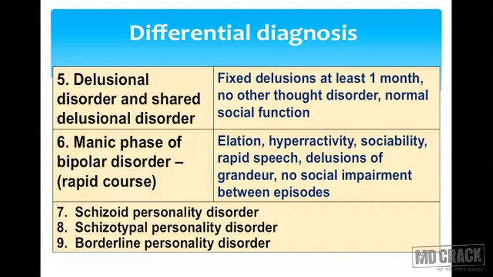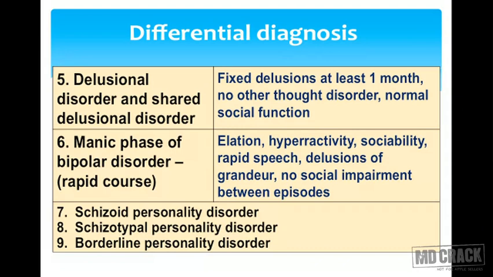This patient has fixed delusions for at least 1 month, and please remember there is no other thought disorder. There is totally normal social functioning. Whatever is the impairment of his functioning is happening due to that fixed delusion. And delusion is the only issue, and that is leading to all the symptoms. If this happens for at least 1 month, then you call it delusional disorder.